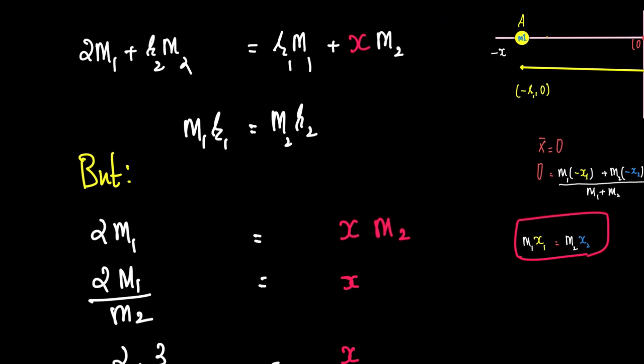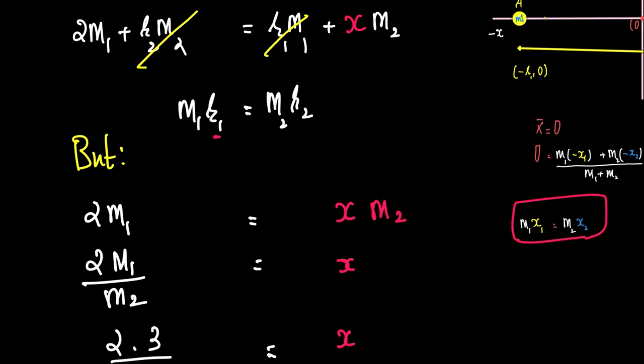What is x1? R1. So m1 r1 should be equal to m2 r2, which means this r2 m2 can be replaced by m1 r1, and therefore these two terms will cancel. So what we get is 2m1 is equal to x m2. Therefore x is equal to 2m1 by m2.